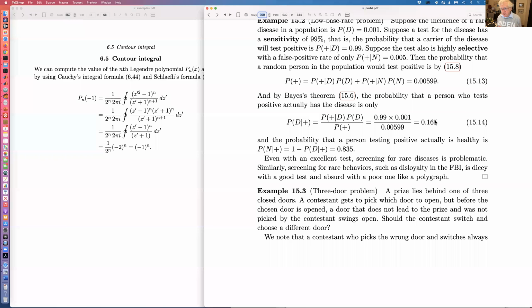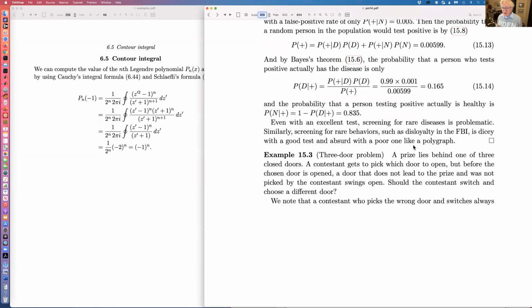You work this out and you get 0.165. So that means that the probability that a person who tests positive has the disease is only 16 or 17%. And conversely, the probability that a person testing positive is actually healthy is 0.835, almost 84%.